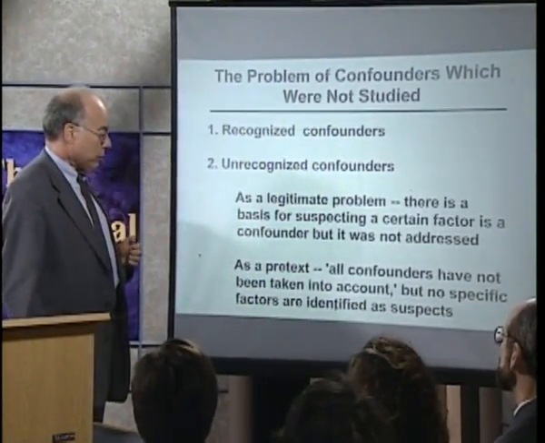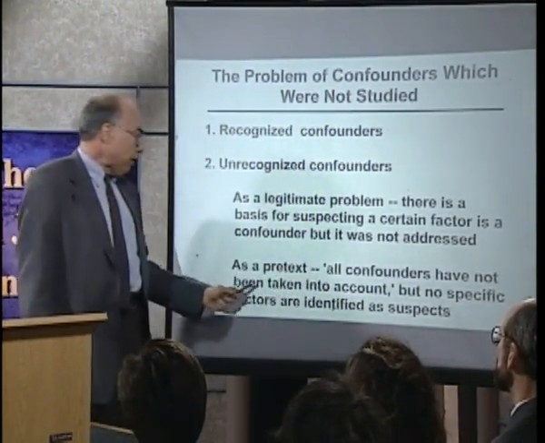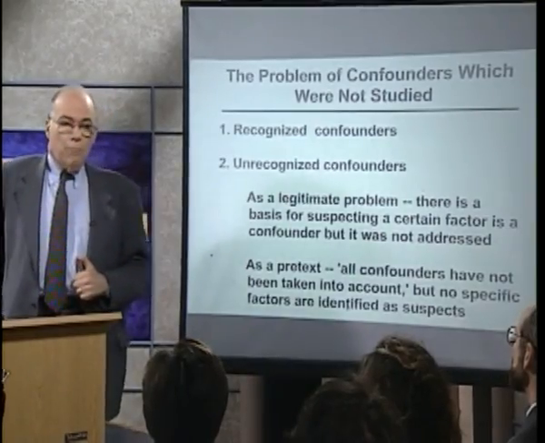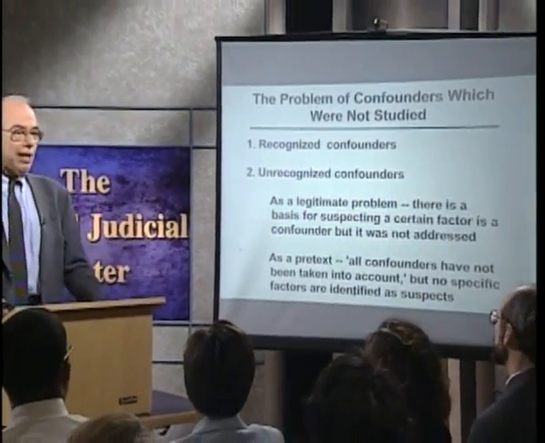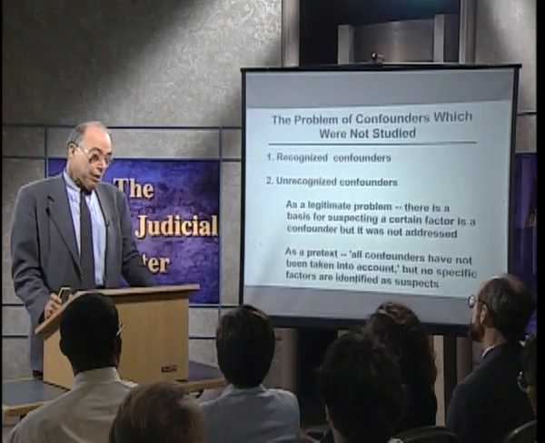But we often hear the statement made in trying to dispute a study, "All confounders have not been taken into account," but no specific confounders that have been omitted are listed by the person who is trying to disparage the study. The world is full of potential confounders.